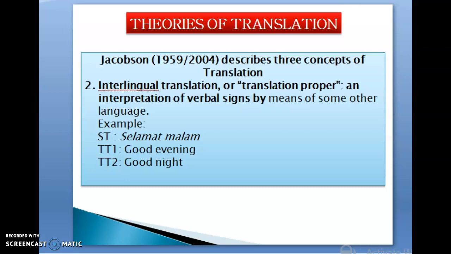If the translator chooses target text 1, good evening, it means that the context or the situation between speaker and listener can continue to the next communication, to the next topic. They can discuss another topic. However, if target text 2 is chosen by the translator, it means that there is no communication for the next.